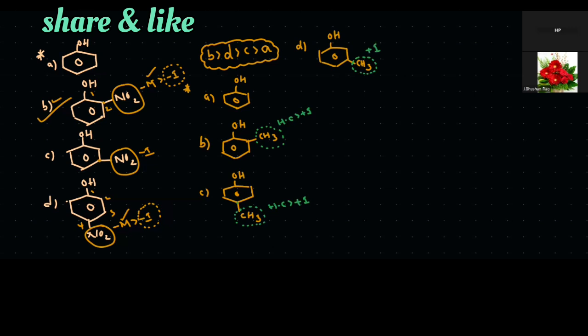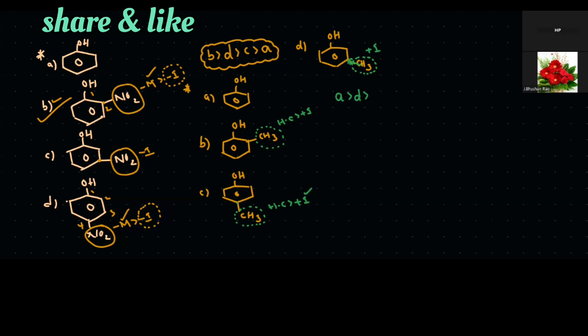Releasing groups always decrease the acidic strength. So A is more acidic than B, C, D. Now among these, which one is more acidic? Hyperconjugation means sigma electrons are donated. Here the complete group donates the electrons. So the next acidic strength is compound D. After that, hyperconjugation is common in B and C, so next go through the inductive effect.